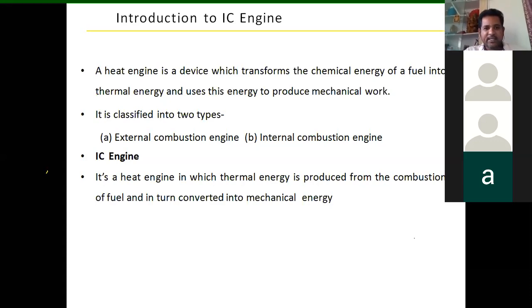So what exactly is a heat engine? As the name itself indicates, there is heat. An IC engine is a device or heat engine in which chemical energy is transformed into thermal energy. It is an engine in which thermal energy is produced by combustion of a fuel and air mixture, and in turn it is converted into useful mechanical work.